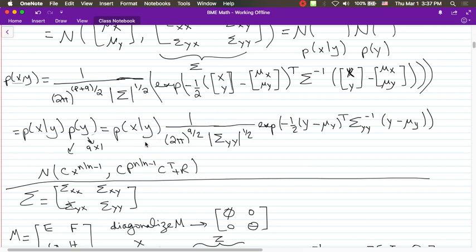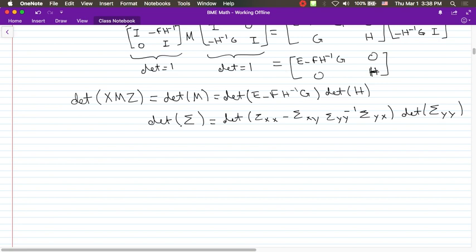So I can take this out of here. But look at this guy here. It has an inverse in it. That whole matrix is inverted. And I have to now take out the inverse of the variance of y out of the inverse of the variance-covariance of the joint probability. So that's my next problem. How am I going to do that?